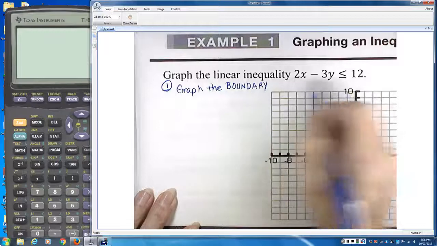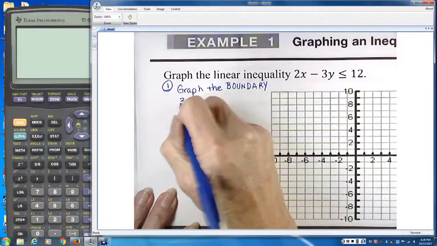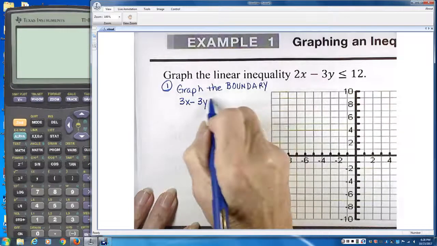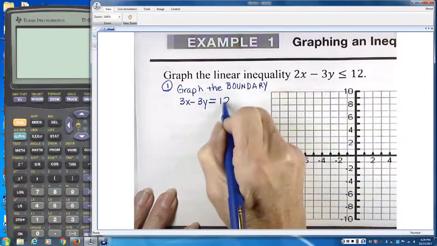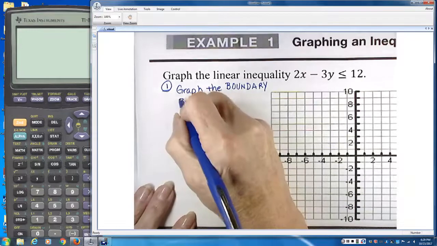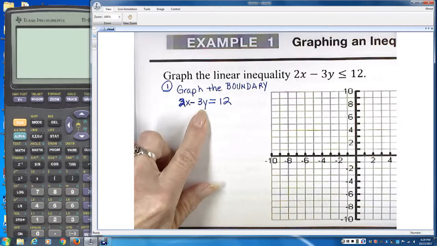And the boundary is this same inequality, except you write it as an equation. Should be 2x minus 3y. Yes, it should be, thank you. So 2x minus 3y equals 12.